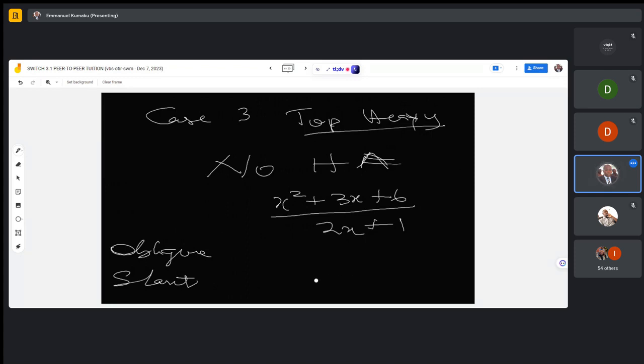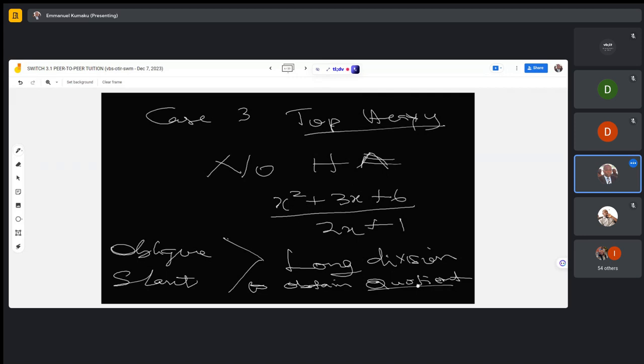And to obtain the oblique asymptote, use long division, to obtain the quotient. The quotient becomes your oblique asymptote. So you have to just perform the long division that we've been doing with polynomial functions.